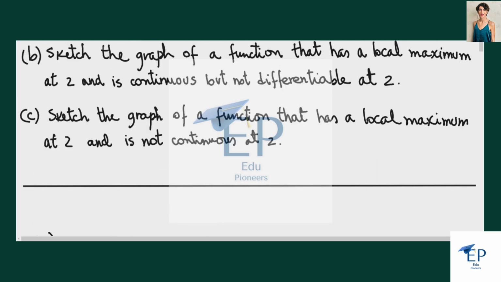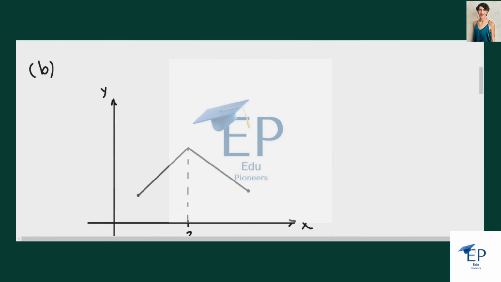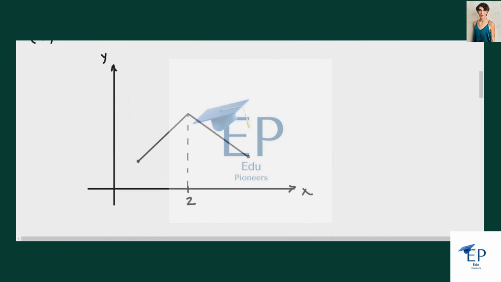Okay, in part B, we want a graph of a function that has a local maximum at 2 again, but now the function is continuous but not differentiable at 2. And this is an example of that. Again, we have a local maximum at 2, because if we look near the value 2, that is, we take an open interval containing 2, the highest value of the graph is the image at 2 in this case.